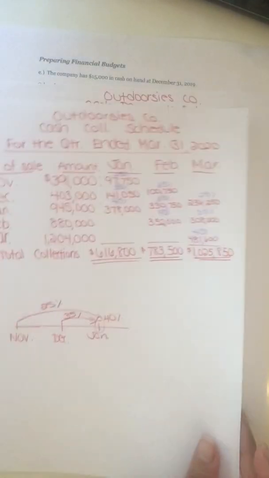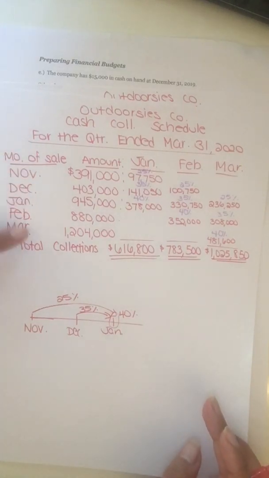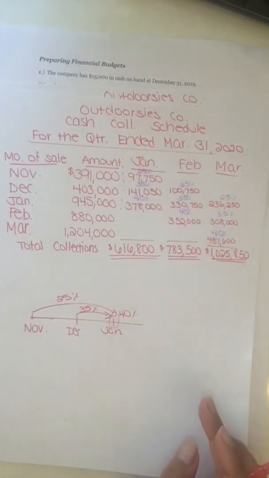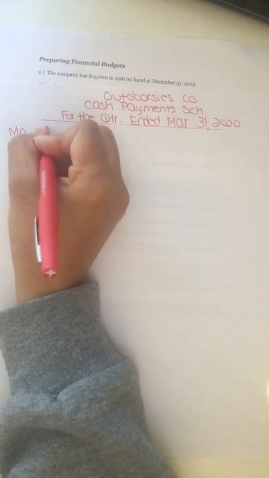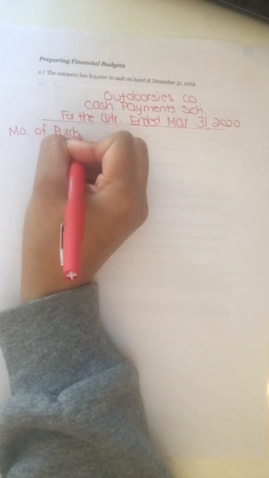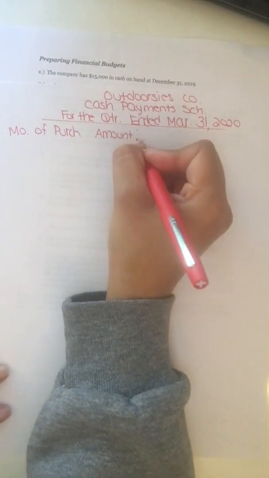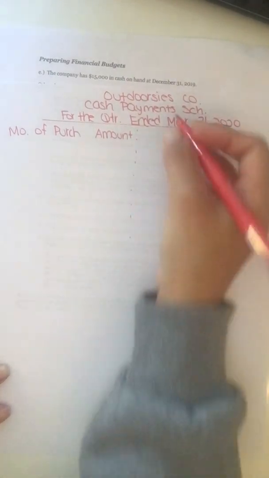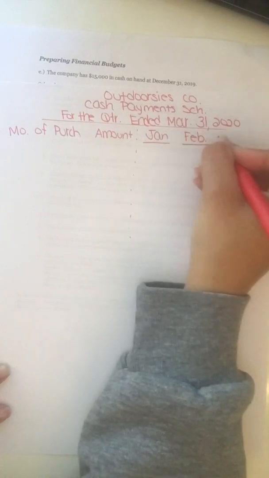Alrighty, so similar to our cash collection schedule that we did for Outdoorsies. Here's Outdoorsies cash collection schedule. It's going to be very similar for cash payments. We'll have the month of purchase, the purchase amount, and then our 2 months. And since it's for the first quarter, we'll have January, Feb, and March.